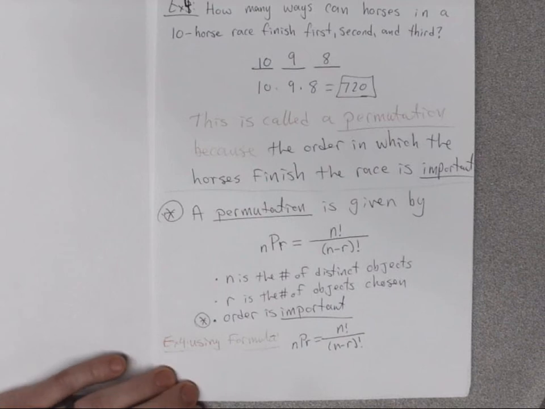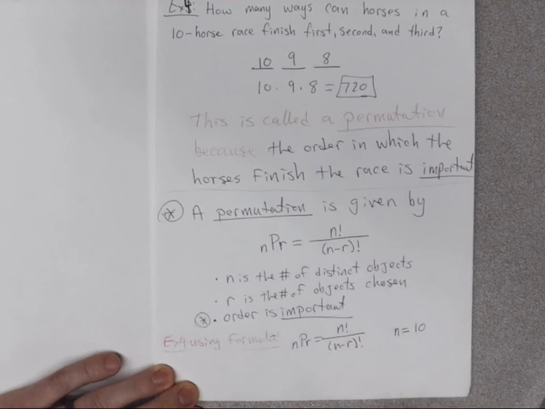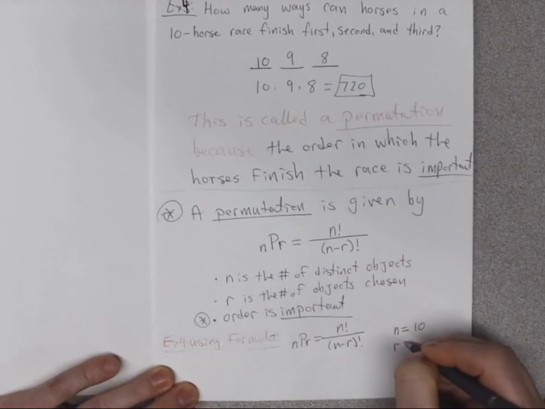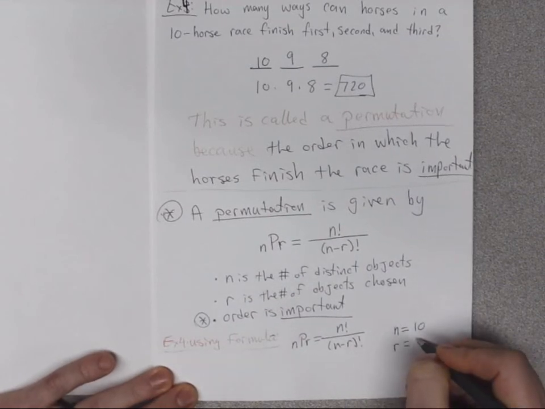Here, n is the number of distinct objects, so n equals 10. We have 10 horses in this race. And r is the number of objects chosen. We cared about first, second, and third, so there are 3 objects.